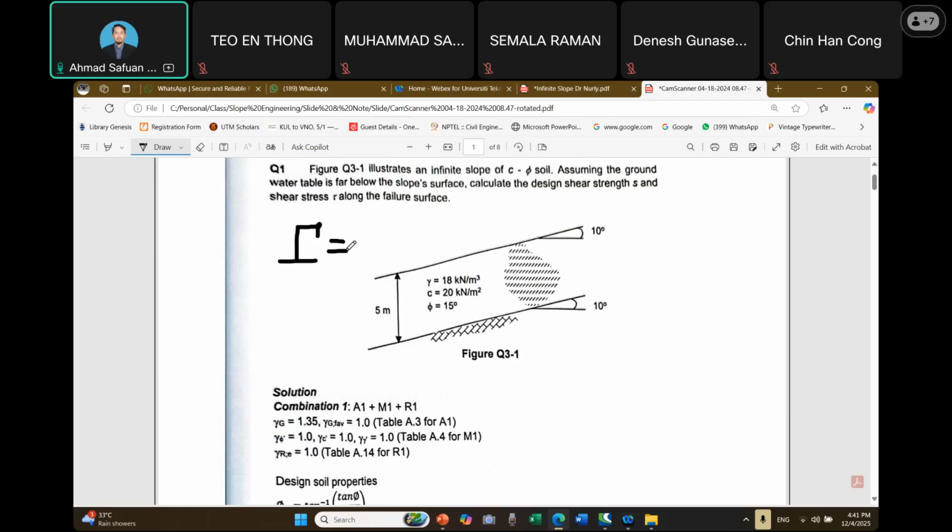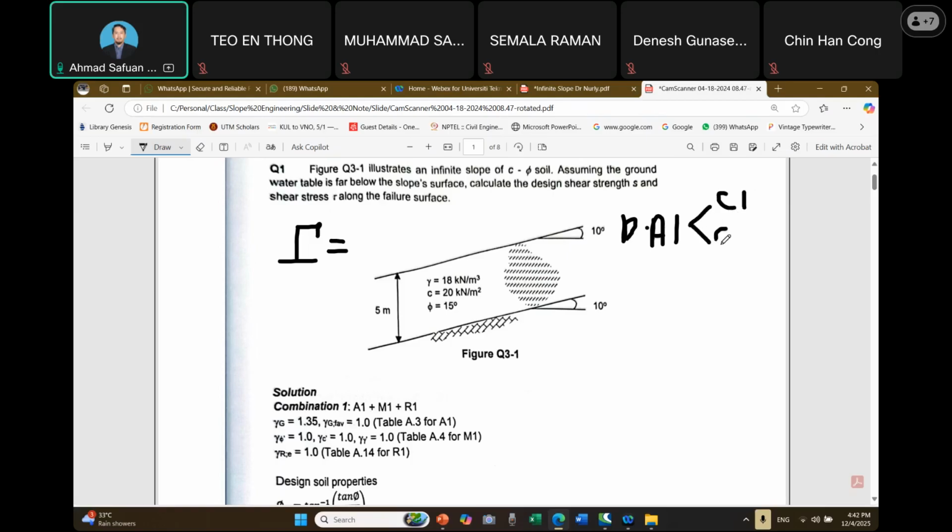Under design approach 1, we have combination 1 and combination 2.